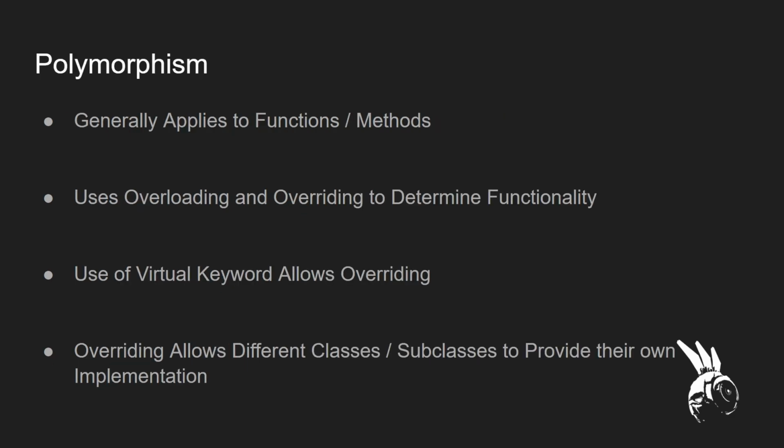So polymorphism is where it generally applies to functions and methods, and it's the use of overloading and overriding. We use these to determine the functionality of those functions and methods. So a class can use the virtual keyword, which allows you to override the function, and then that function allows that class or subclass, whatever it is, to provide their own implementation of that function or method.